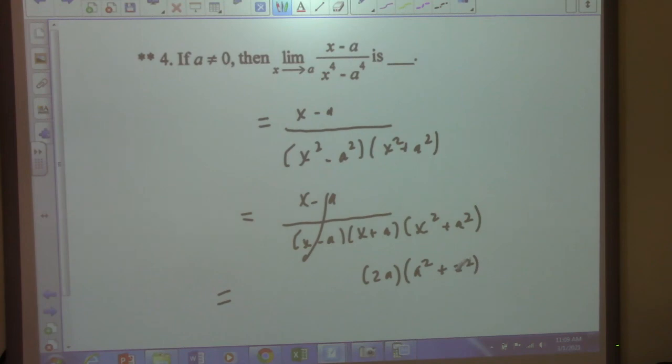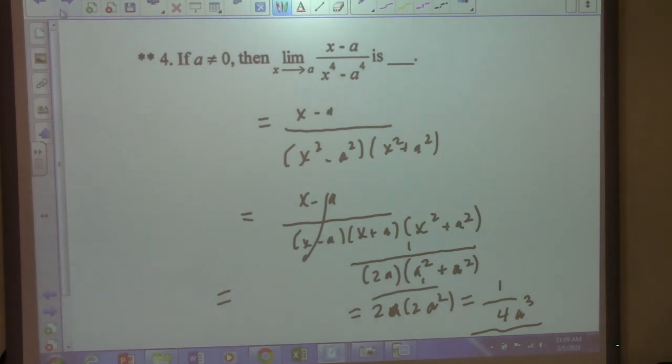What is that going to be? It's 1 over 4a cubed. So that's going to be our answer to that one.